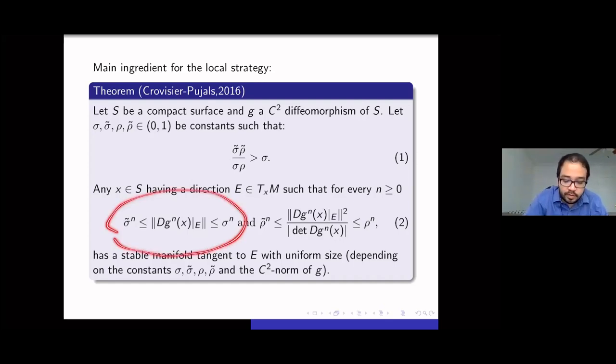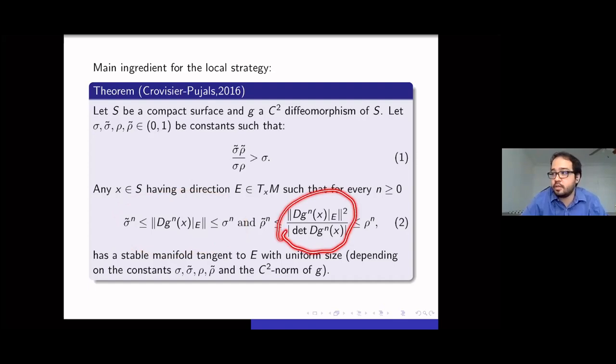You have a contraction type of hypothesis, and this expression here captures the domination part. If you think of the hyperbolic case, this would be lambda s squared, and on the bottom you should have something like lambda s lambda u. So you would cancel and get lambda s divided by lambda u being smaller or equal than something. This is how the domination hypothesis appears, again controlled by those constants that appear before.